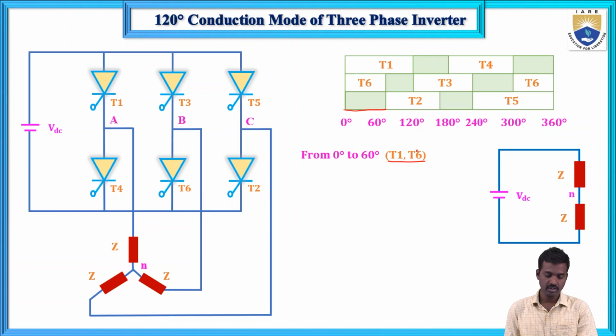So the T1 thyristor will be closed and the T6 thyristor will be closed. And this is connected to the negative terminal of the battery. And next, this is connected to N, and this one and this one.